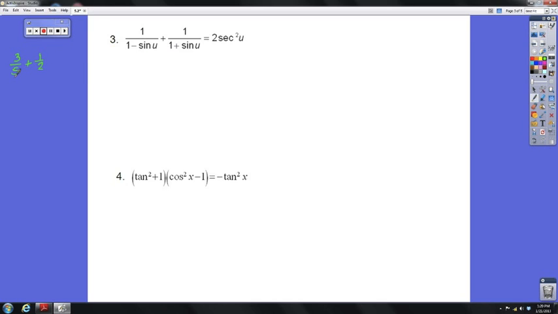Okay, so if I want to add these two fractions together, the common denominator would be 10. So you would multiply this side by 5 and this side by 5, and you'd come over here and you'd multiply this side by 2 and this side by 2. So this would be 6/10 plus 5/10, which would be 11/10.